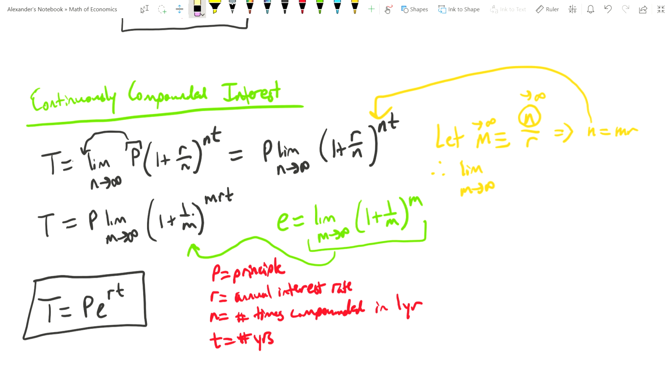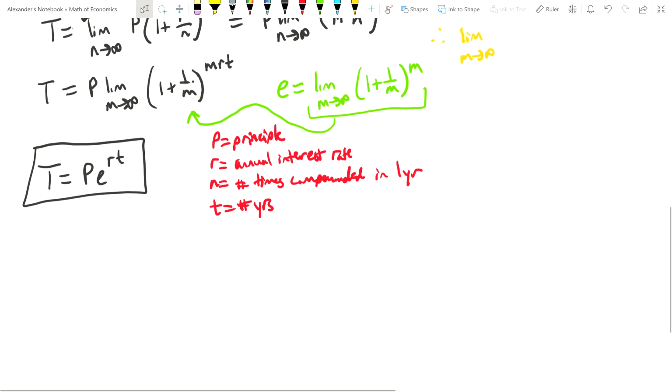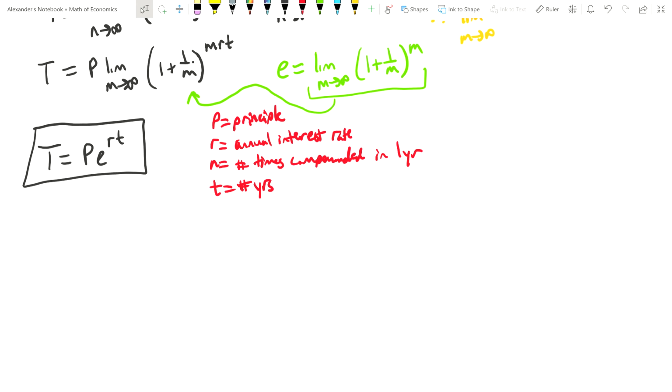So P was our principal, r is the annual interest rate, n is the number of times the interest is compounded in 1 year, and t is simply the number of years. So you can figure out pretty much any math problem involving the total amount of money that you would have after a given number of years with continuously compounded interest with this formula.